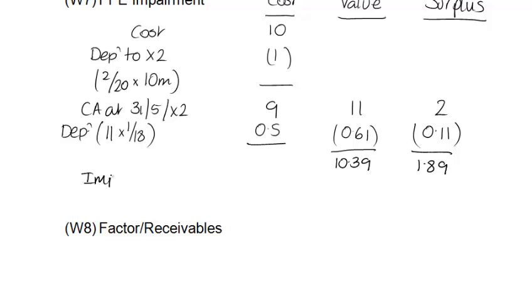We impair it to 7.8. So therefore our impairment is 2.59 million. So I'm going to credit the asset with 2.59 million.